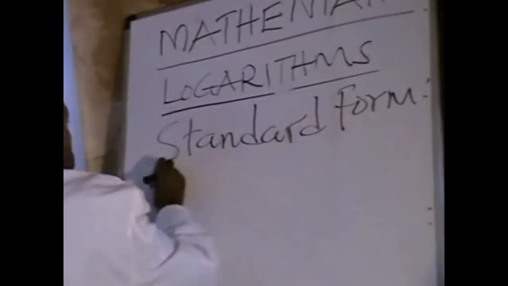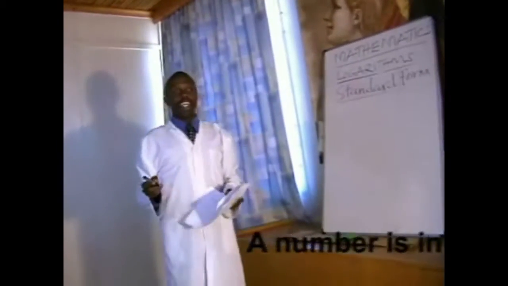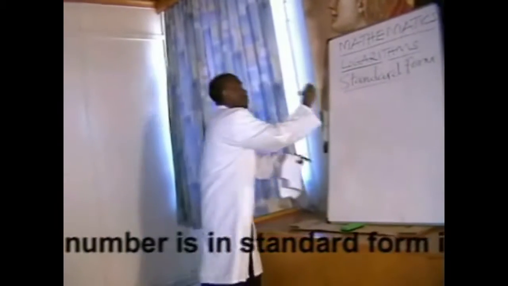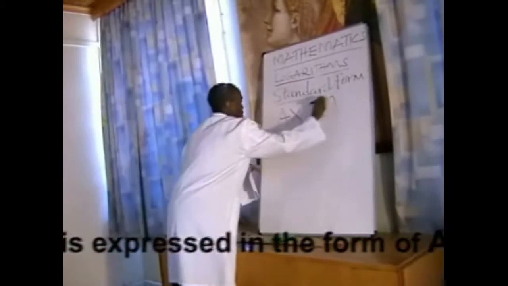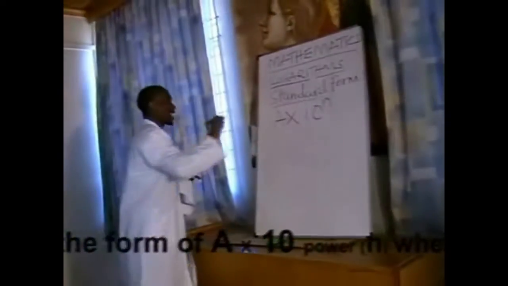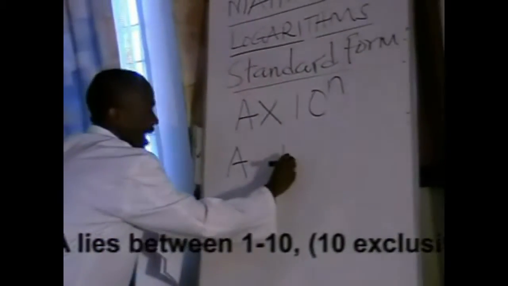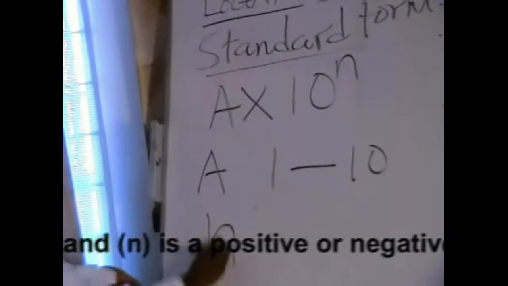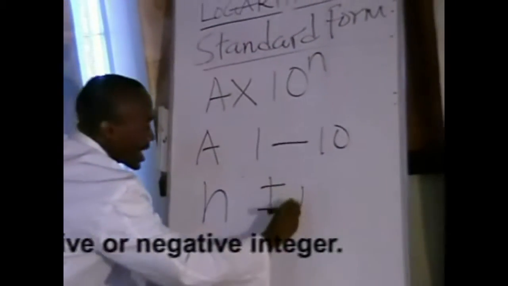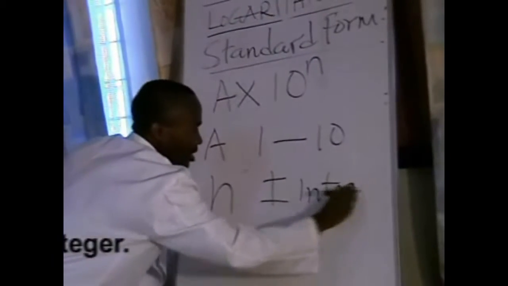A number is in standard form if it is expressed in the form a times 10 to the power of n, where a is a number between 1 and 10 exclusive, and n is a positive or a negative integer.